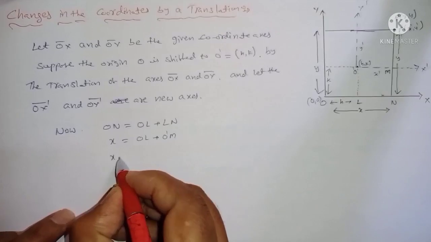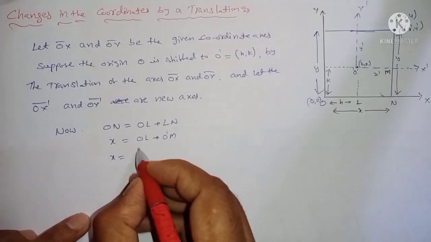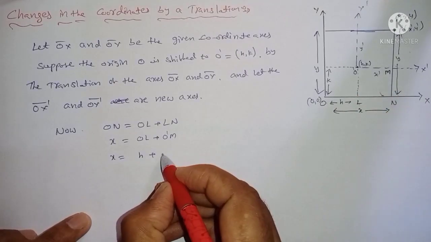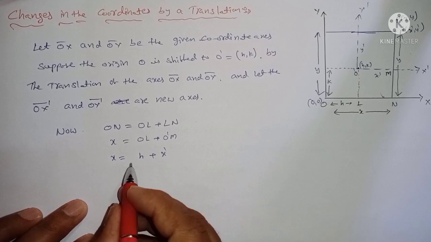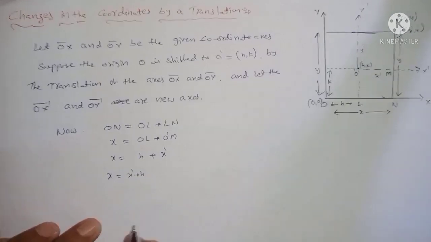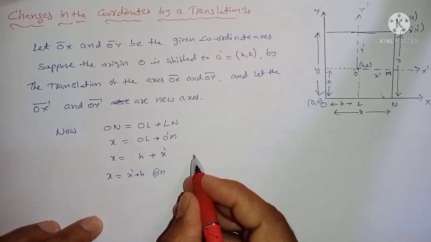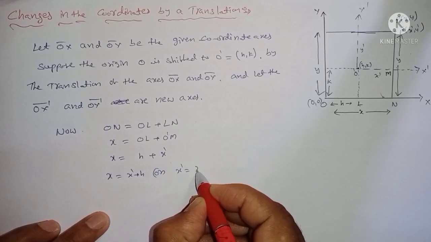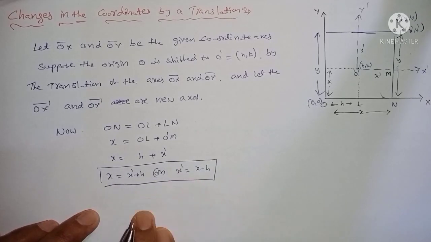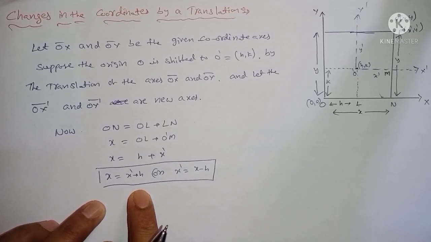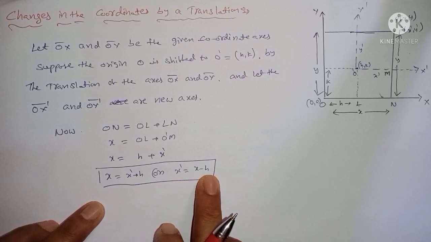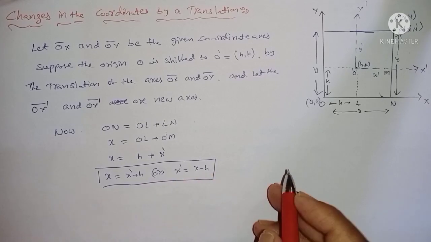Therefore x is equal to OL, which is h, plus O dash m, which is x dash. Therefore we got x is equal to x dash plus h, or x dash is equal to x minus h. This is the first one in changing the coordinates.